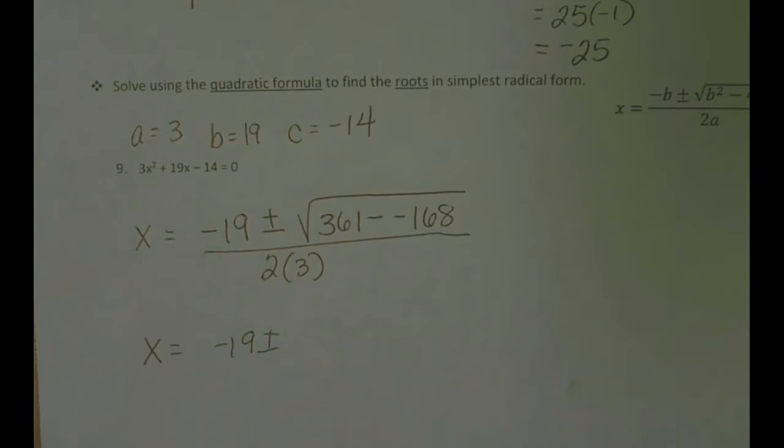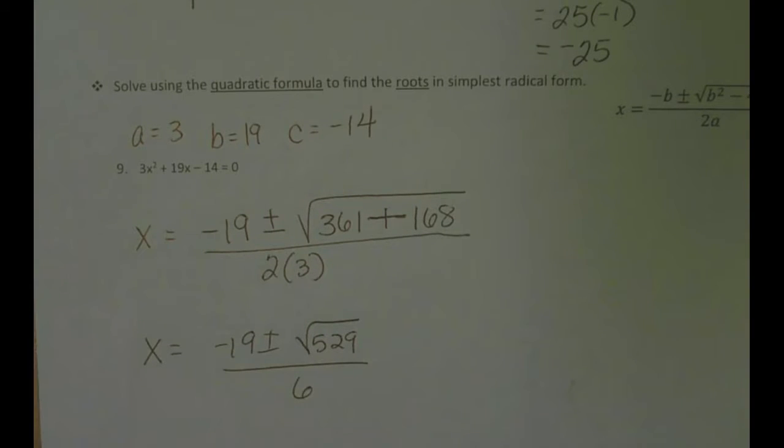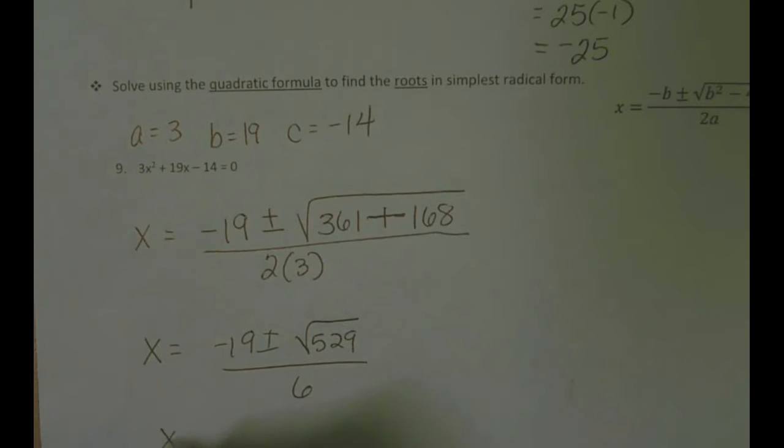Plus or minus square root, let me do this, 361 plus 168, minus a minus makes a plus. Square root of 529. X is equal to -19 plus or minus 23 over 6.